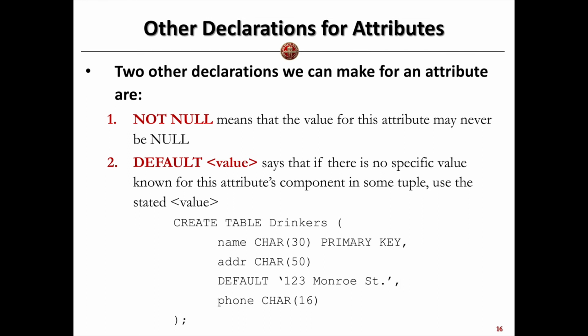Besides not null, another keyword we can use for the attribute declaration is default, followed by some value. This keyword denotes that if there is no other specific value known for its attribute component in some data tuples, then we can use this default value inside this declaration to enter into the tables automatically. This is very similar to the default value for some attributes when we define a class in a programming course.